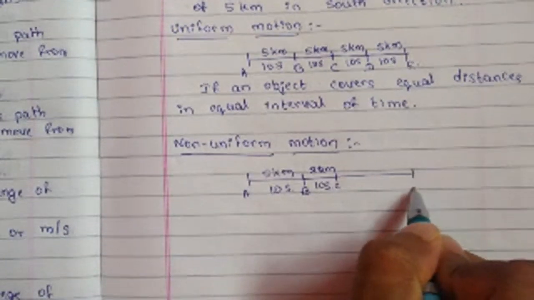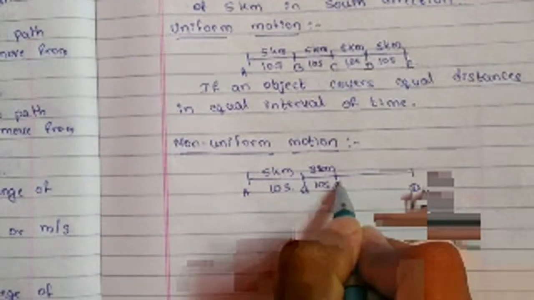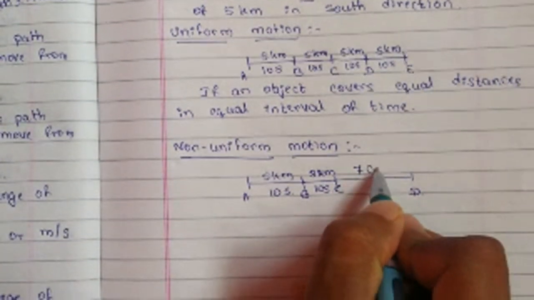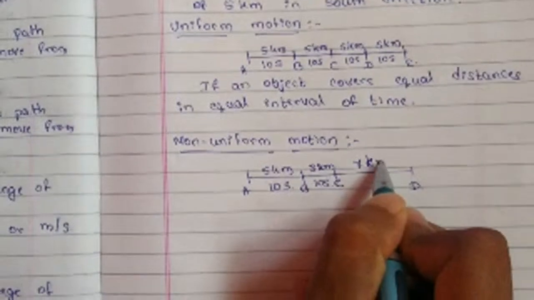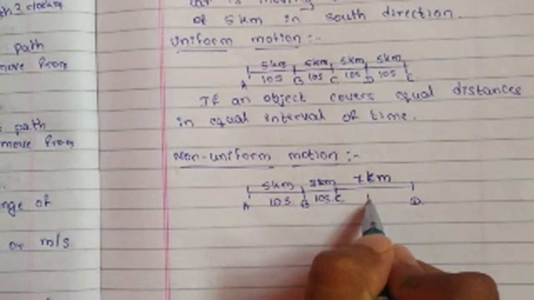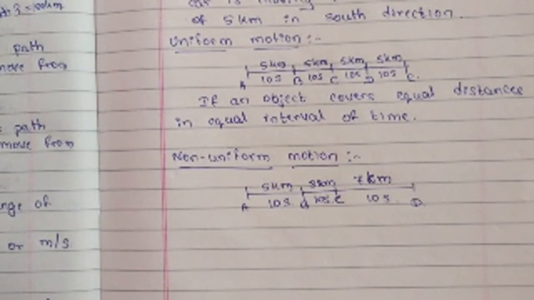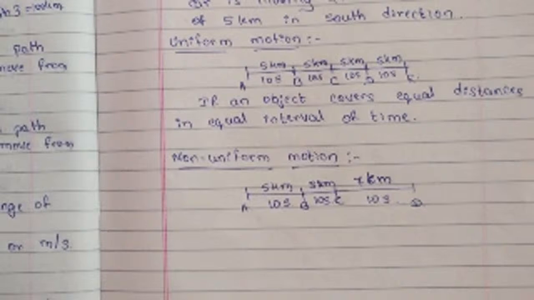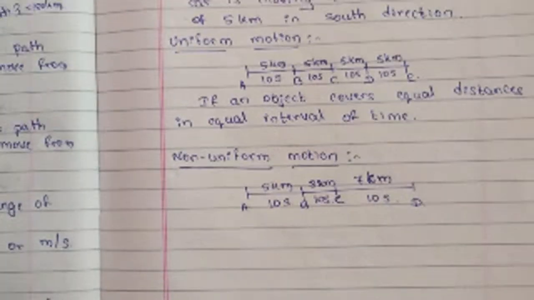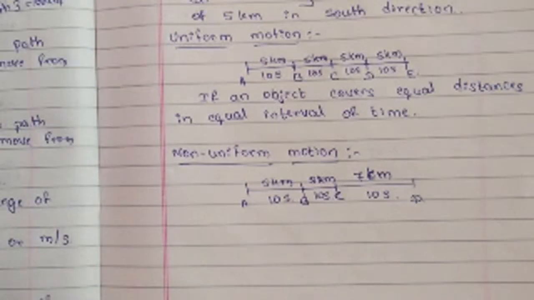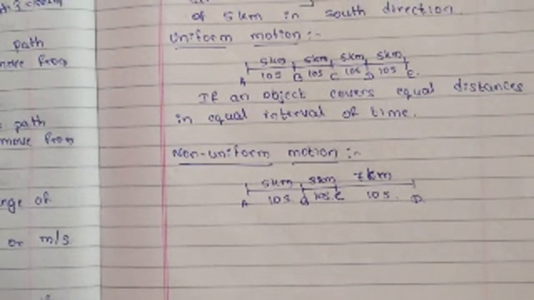Then to move from point C to D, the total distance is 7 kilometers and the object takes 10 seconds. So if an object covers unequal distance in equal intervals of time, then we can call that non-uniform motion.